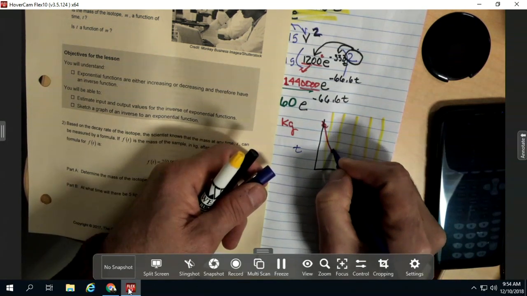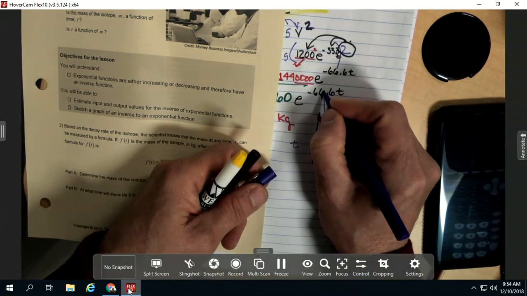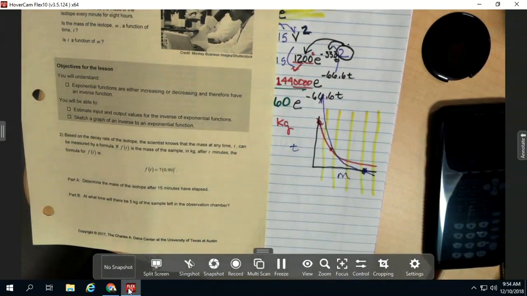And it would go like this, right? You would never have less mass than 0, but at some point in time, the mass would have been 3.5, and then half of 3.5, and eventually it would get really close to that axis, right?